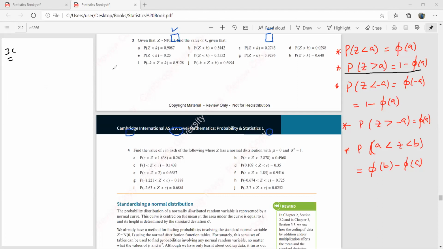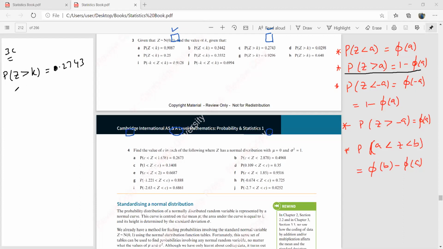Okay. So we were given probability Z is greater than K, and that was equal to 0.2743. This is the question with us. Using this rule, we have the greater than sign, so I need to change it to the less than sign.